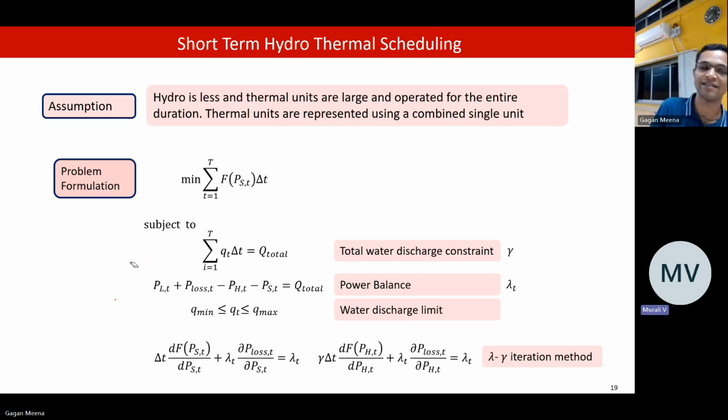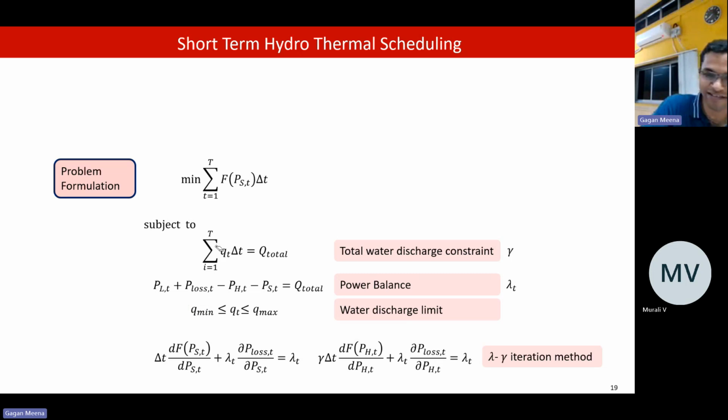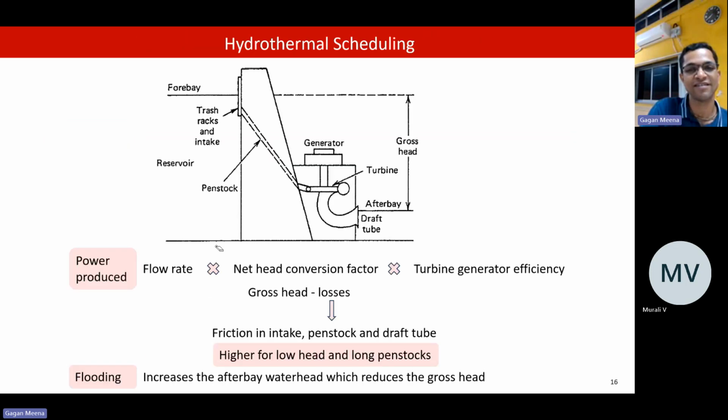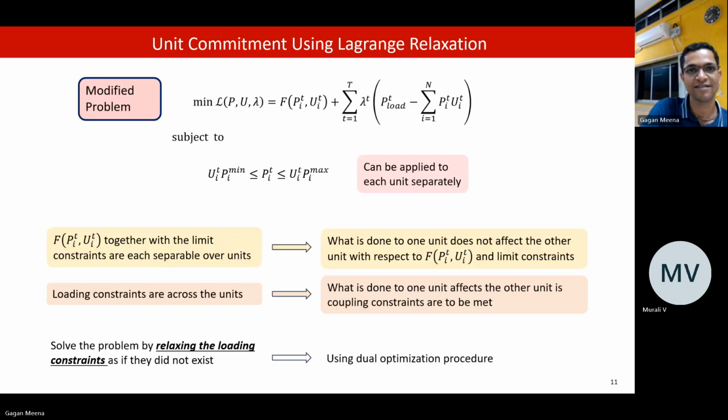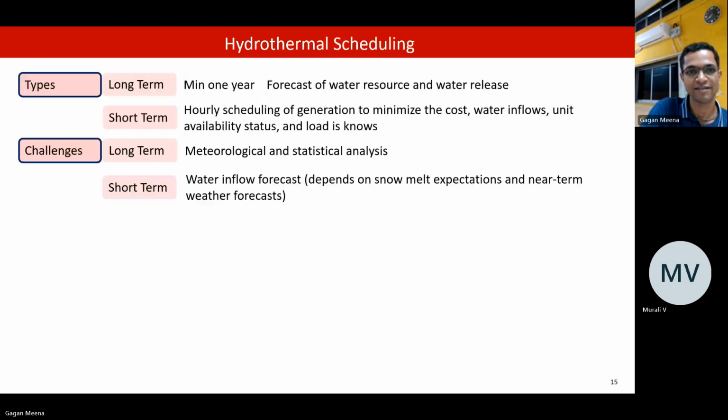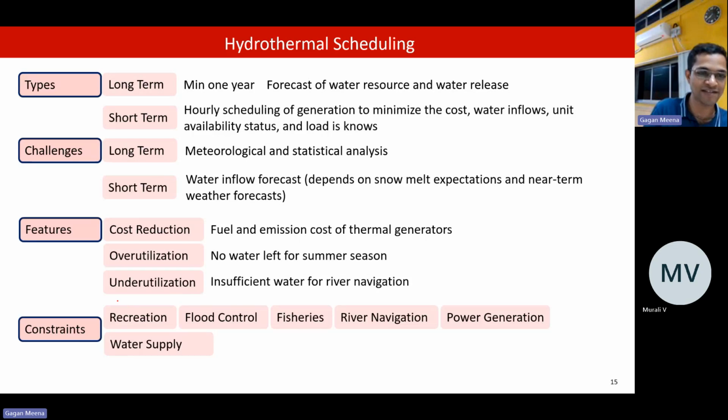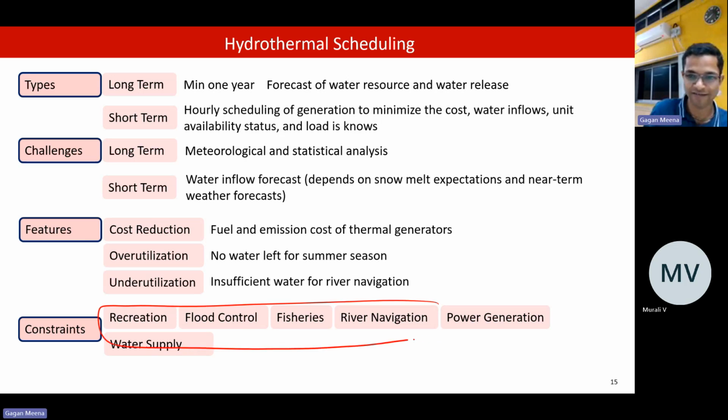For thermal power, there is a constraint for minimum generation. There is no such constraint for hydro, but because of another constraint which we had seen, we need to satisfy this, so there is some minimum generation.